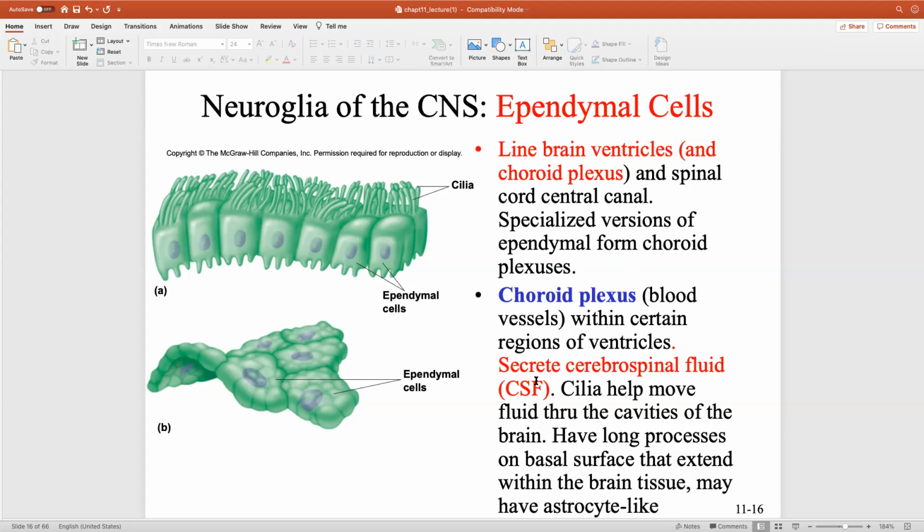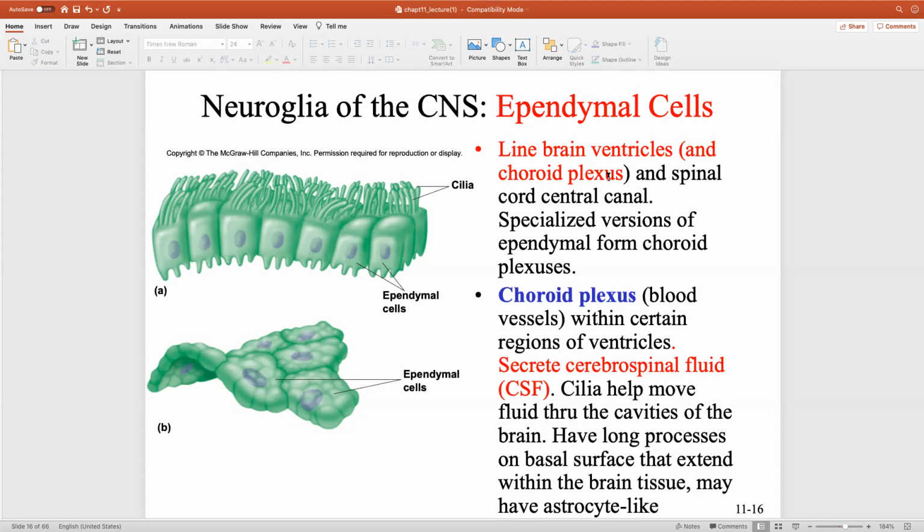Blood goes through the choroid plexus and then gets filtered by these epidermal cells. As it gets filtered, a little bit of salt gets through, sodium, potassium, a little bit of glucose gets through by facilitated diffusion, and water goes through. It then produces CSF, the cerebrospinal fluid, which goes through a series of connections between the different ventricles of the brain, eventually draining out.